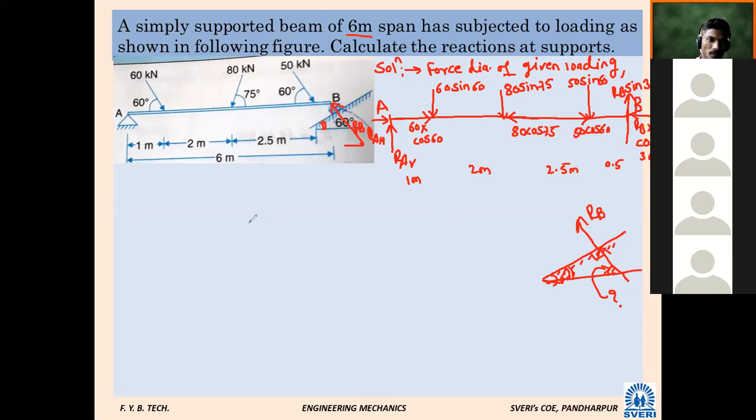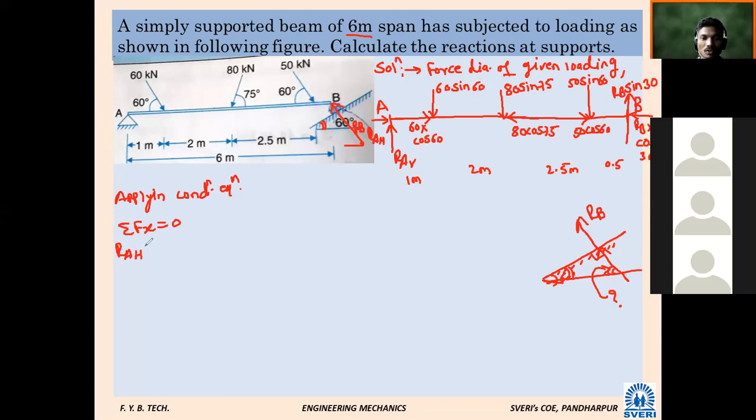Now the problem is converted into a simple problem. Applying conditions of equilibrium. Which condition will we apply first? Summation Fx equals 0. So RAH, plus 60 cos 60.